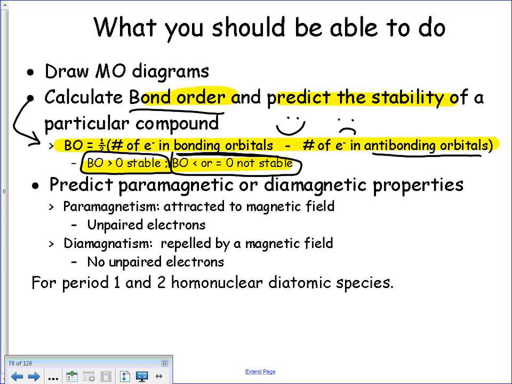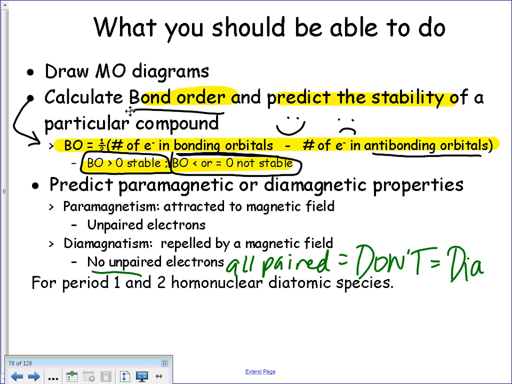Lastly, we'll look at the paramagnetic and the diamagnetic terminology again. And so if you have paired electrons all the way, 100% paired, so no unpaired, all paired electrons, then it just doesn't react to the magnetic field. And "don't" for me is diamagnetic. And that's how I've remembered it since I was a youngin'.